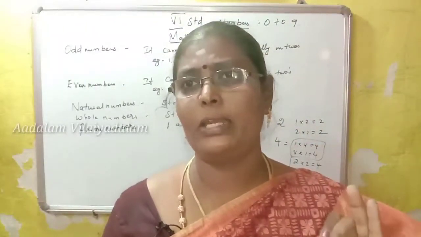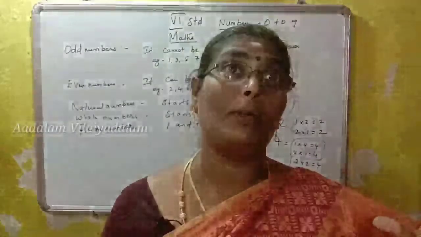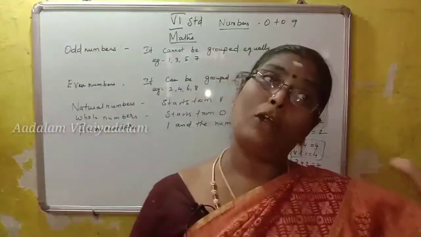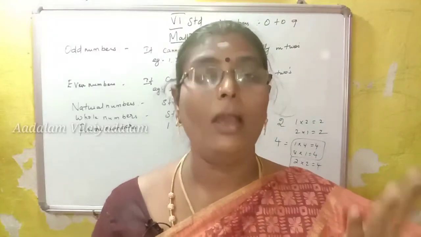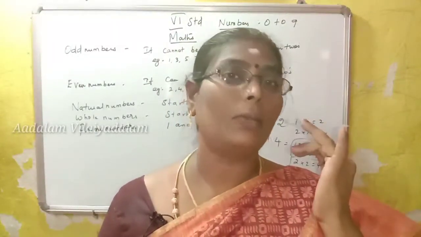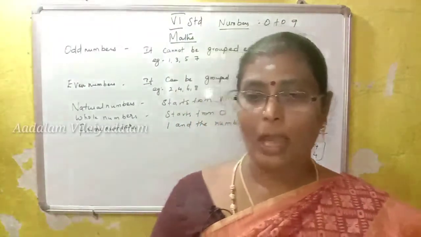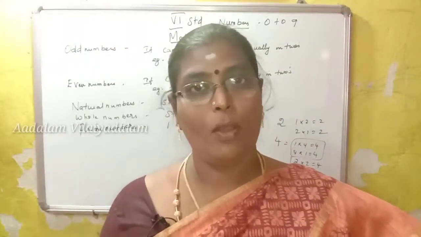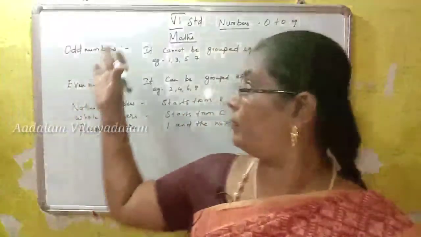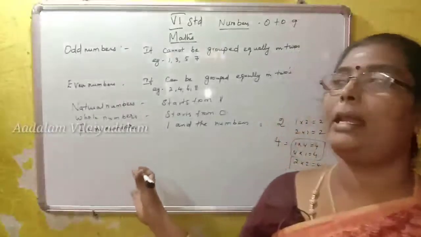19 is prime, and 21 is not a prime number because 21 is 1 21, 21 1, 7 3s are, 3 7s are. So many tables that 21 is coming, more than 2 tables. So 21 is a composite number. Now you understand what is a prime number and what is a composite number. We have studied these in your earlier classes.